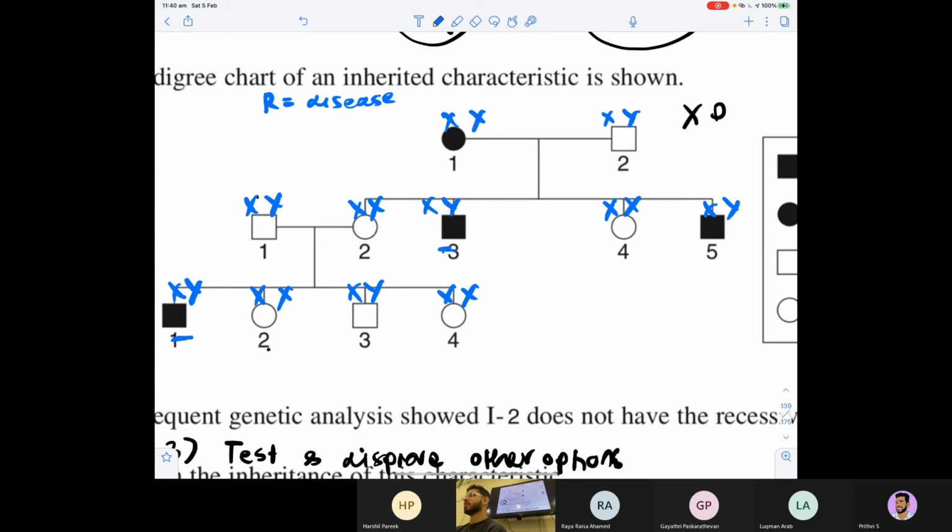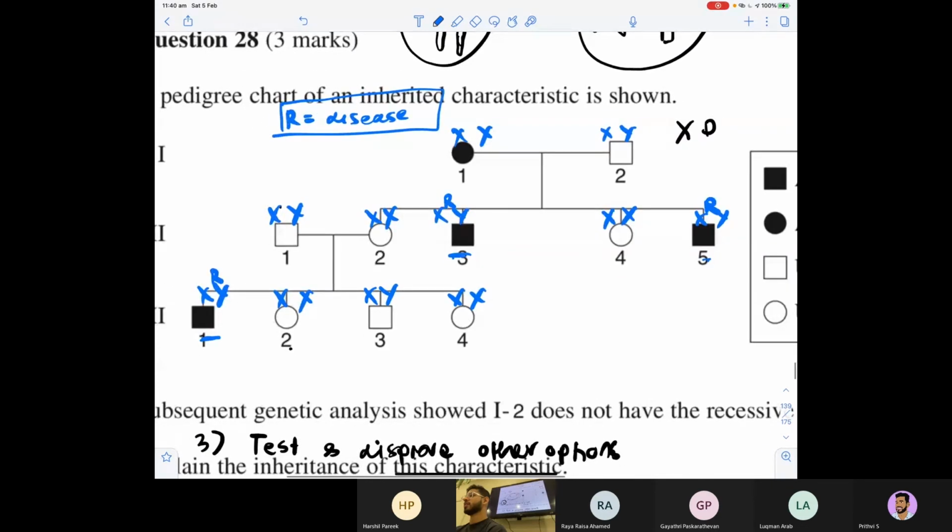Because I see some males are affected. What does that mean immediately? They must have what allele? Little r, right? Oh, sorry, this is a dominant condition, so they must have a capital R. So next to every single affected male, I'm going to write capital R. See, you don't have to think. It's like coloring or crosswords, you just do it automatically.